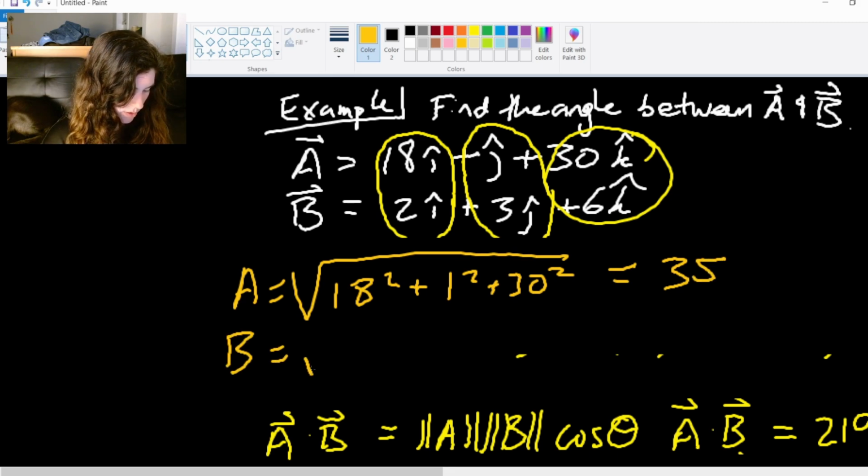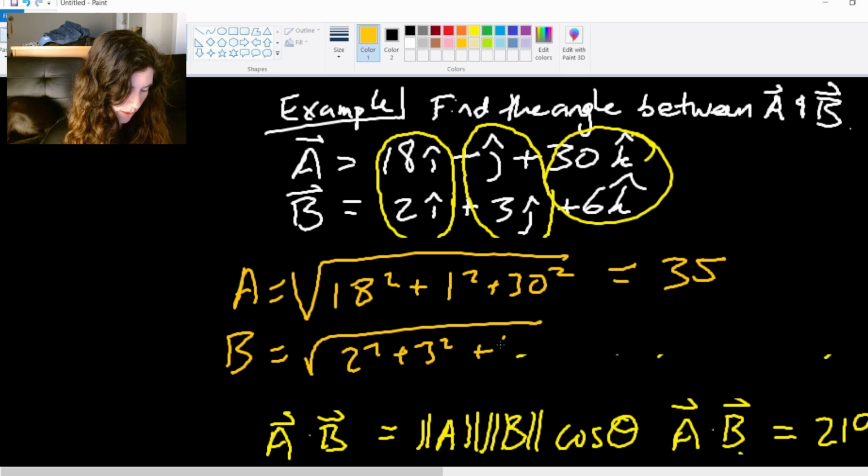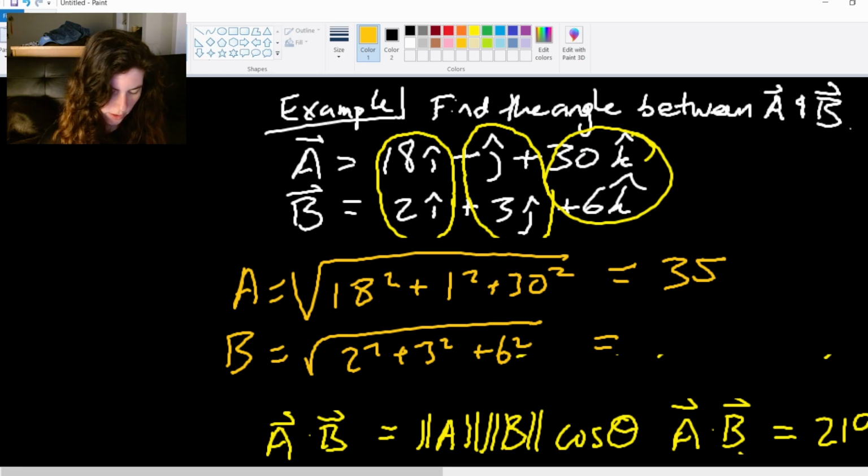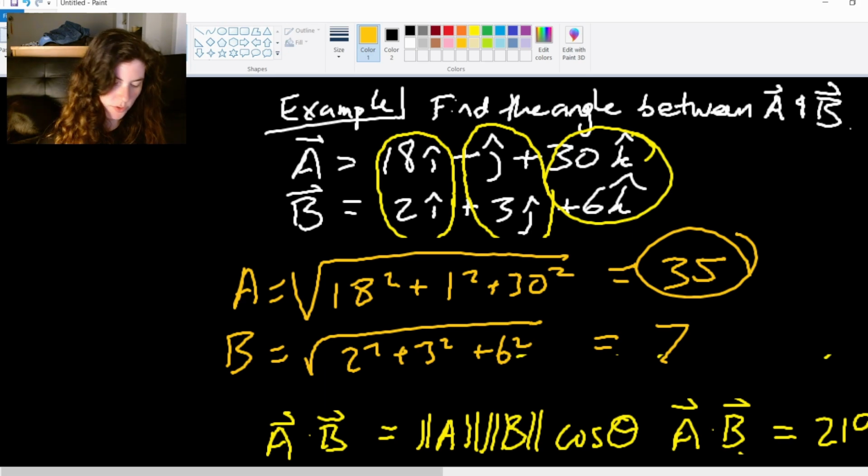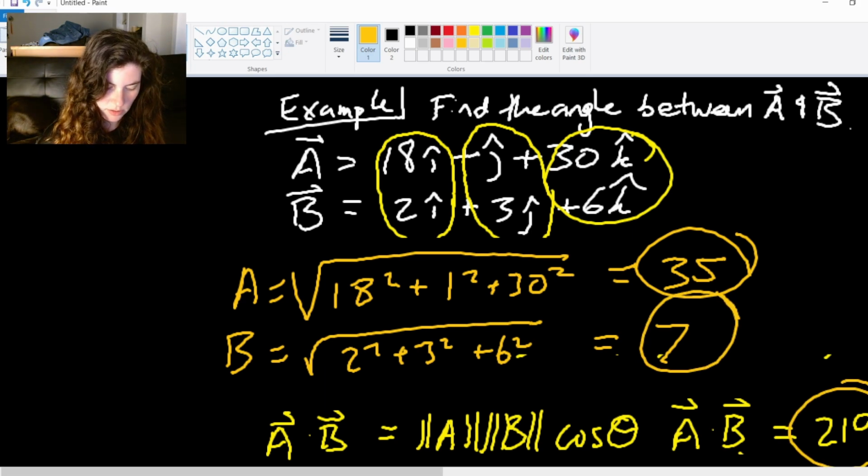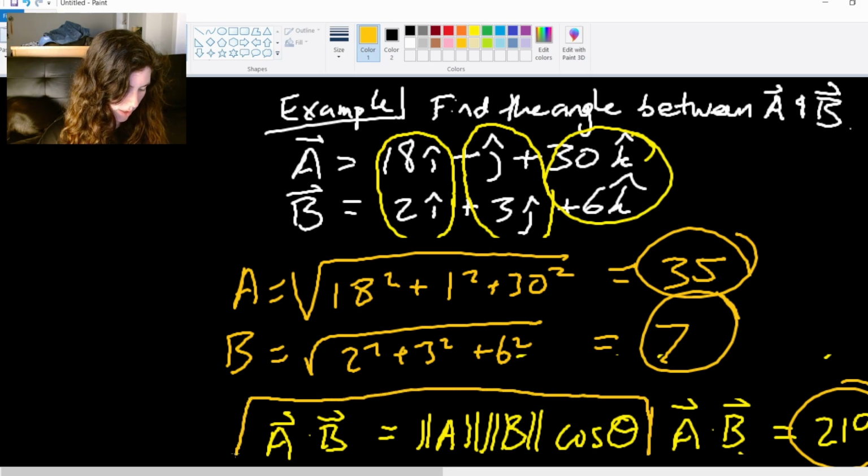And for B, of course, it's the same process, 2 squared plus 3 squared plus 6 squared. Plug that into our calculator, we're going to get 7. So now I know the magnitude of A, the magnitude of B, and what my dot product is. So I can rewrite this equation down here to solve for theta.